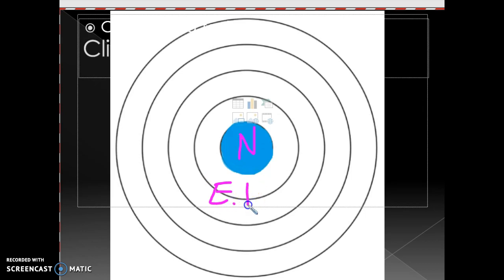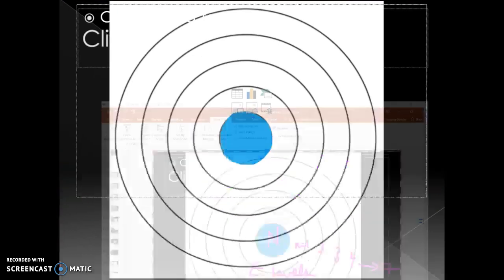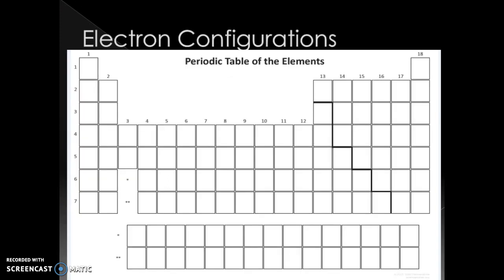The energy levels are represented by what are called n equals 1, n equals 2, n equals 3, n equals 4, and there are a maximum of 7 energy levels. So guess what they correspond to? They correspond to the periodic table and what we know as the rows.